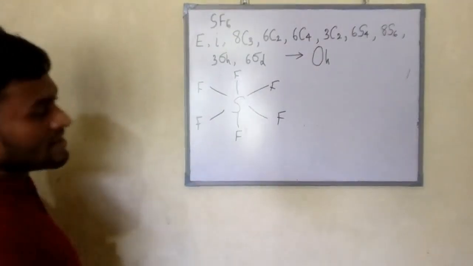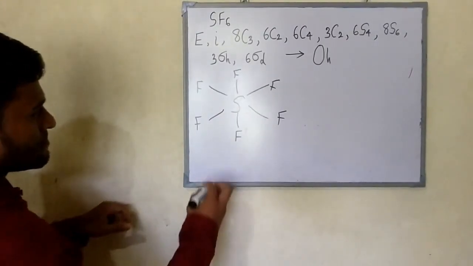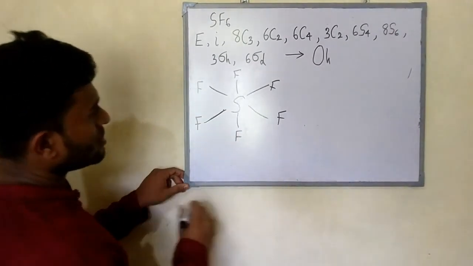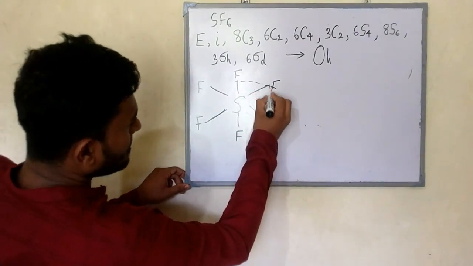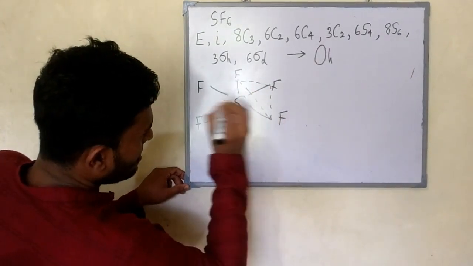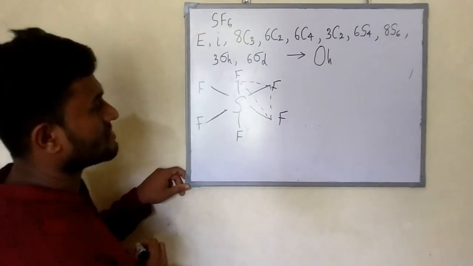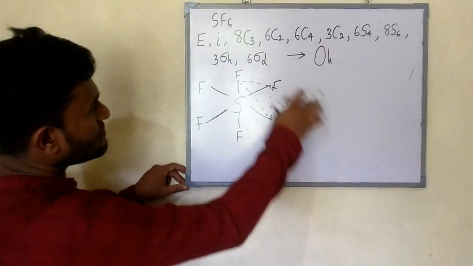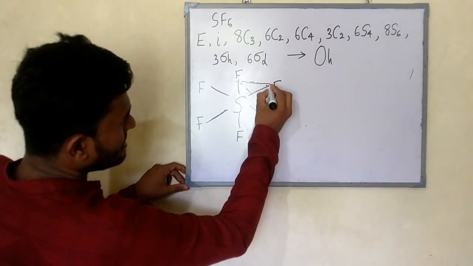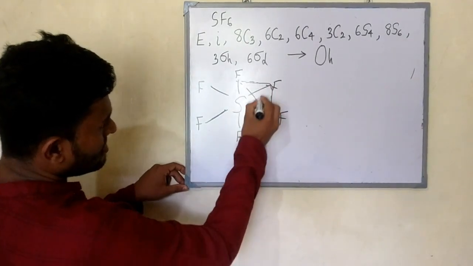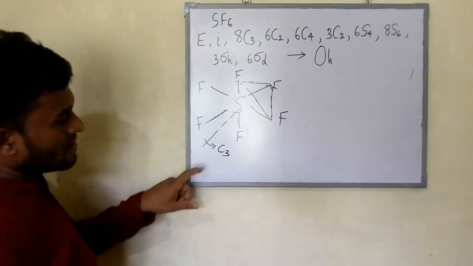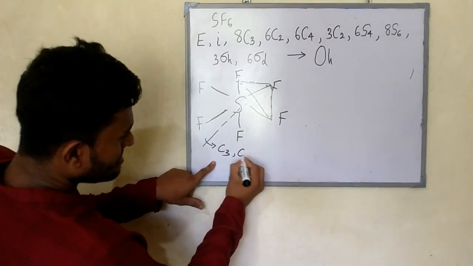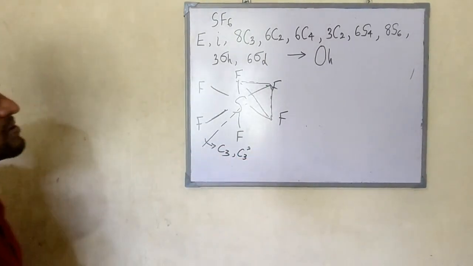So how the C3 axis comes? I already explained you in NH3 molecule there is a pyramid like this and we took C3 axis. Here in SF6 also you can take that axis. So this is your C3 axis. If C3 is there, C3 2 also possible.